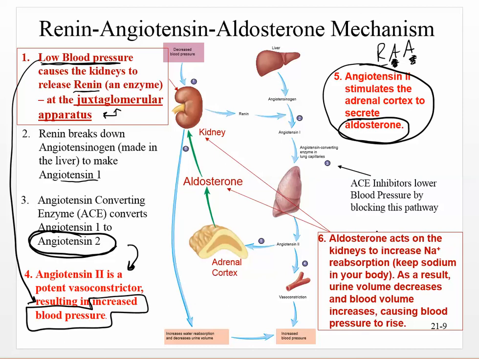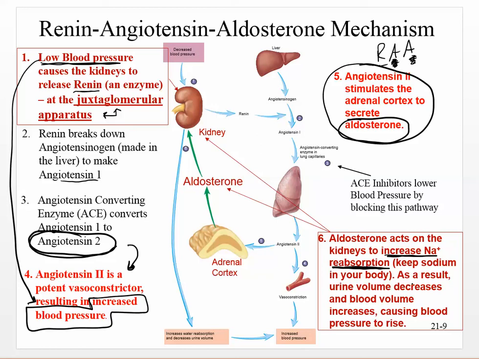Aldosterone, now if you're paying attention to the previous area in the distal tubule, aldosterone increases the number of sodium-potassium pumps. So that is going to, this is what you really need to know. Aldosterone increases sodium reabsorption, which is going to keep sodium in your body.